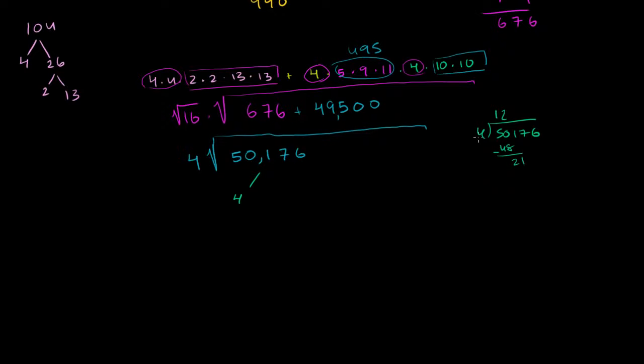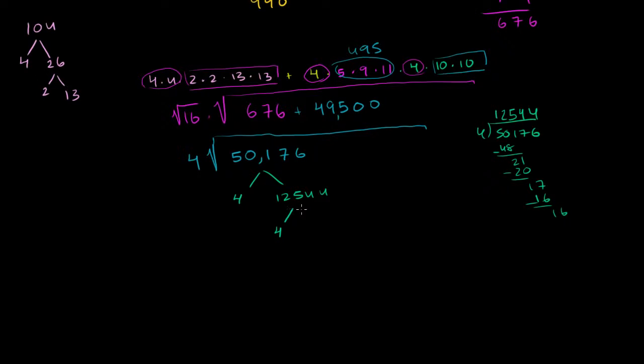Subtract, you get a 2, 1. 4 goes into 21 5 times. You get a 20. Subtract, you get a 1, 7. 4 goes into 17 4 times. 4 times 4 is 16. Subtract, bring down that, you get a 16. So it goes 12,544 times. And once again, this looks like it's divisible by 4, or it definitely is divisible by 4.